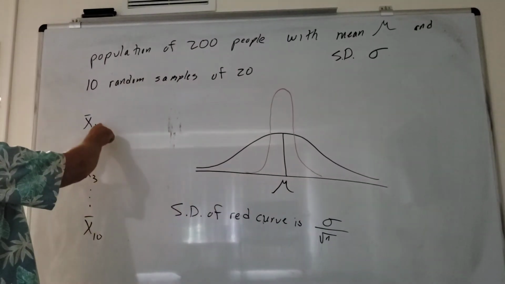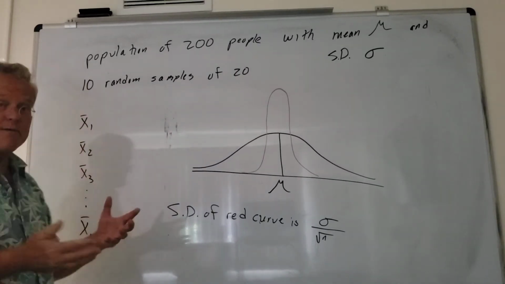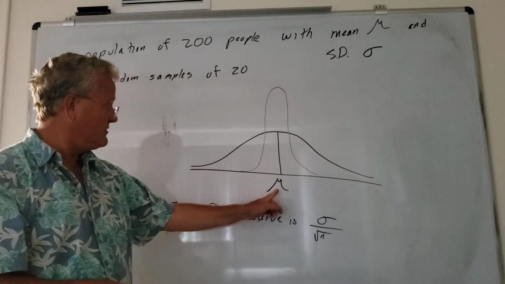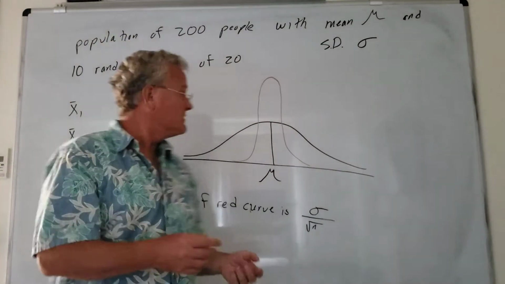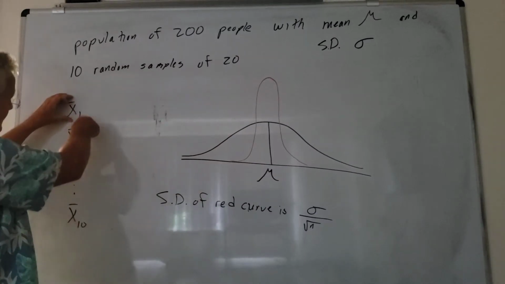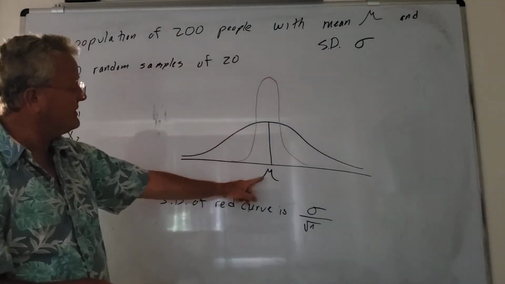Now think about it. Because there's 20 people in each of these samples, the average of each is going to be pretty close to the average of all of the people, right? Because these are samples, each of these are going to be pretty close to the average of the entire population.